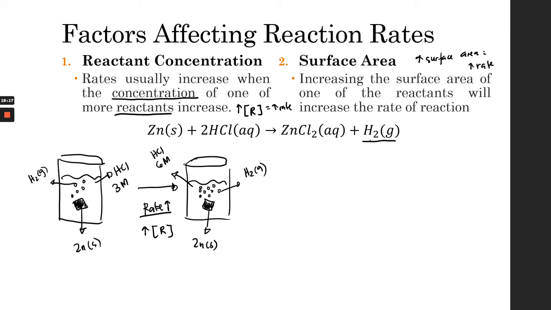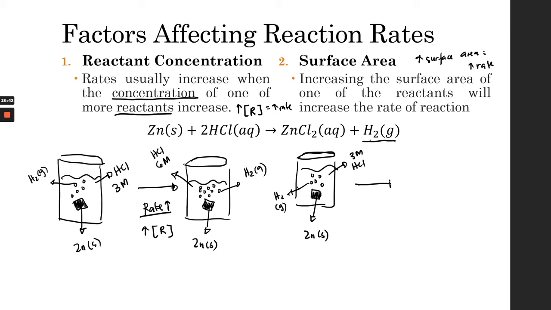As for the surface area, let's say we again have the beaker, and in this beaker, let's go back to our 3 moles of HCl and our block of zinc solid. We know that a certain amount of hydrogen bubbles should be formed in gas form. But let's say we change this situation. Instead of using a block of zinc solid, we use pieces.